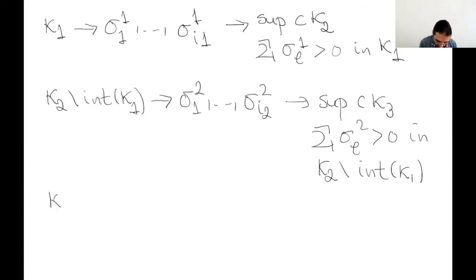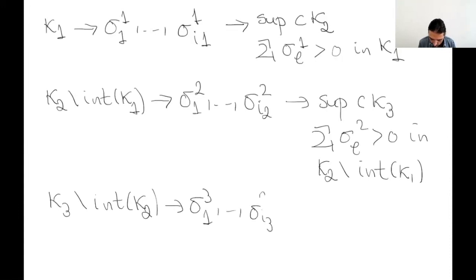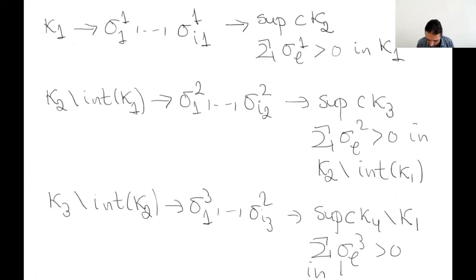We're going to do one more. If we consider K3 minus the interior of K2, we have again a family of functions. The support is going to be contained in K4 minus K1. And the sum of these functions is positive in K3 minus the interior of K2, and so on.